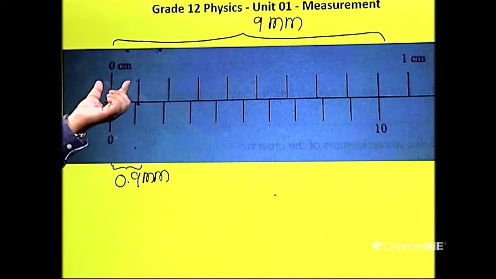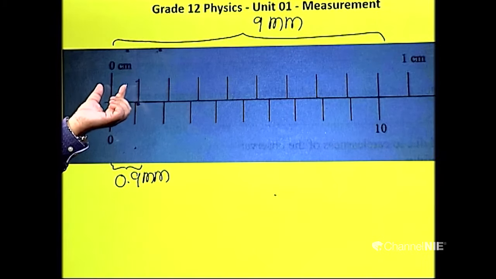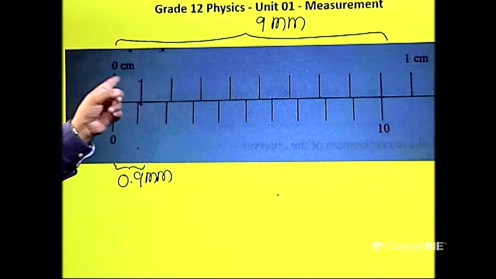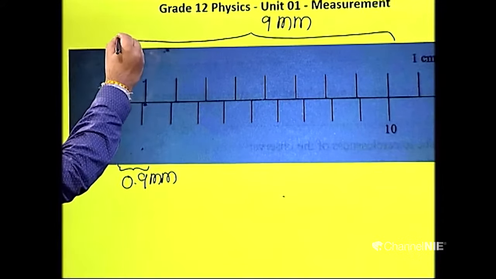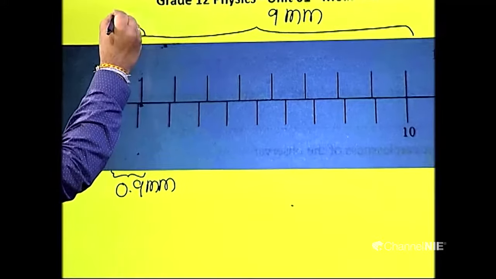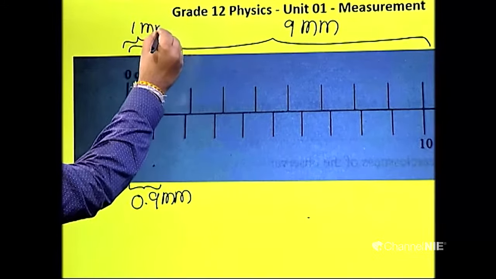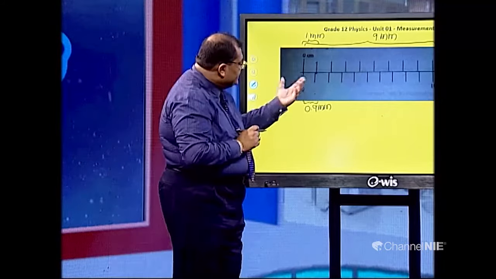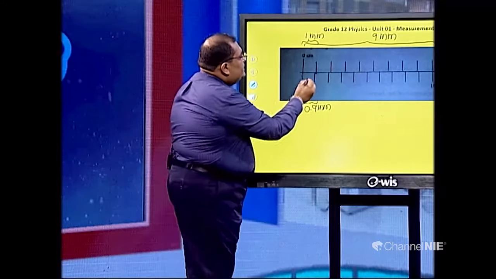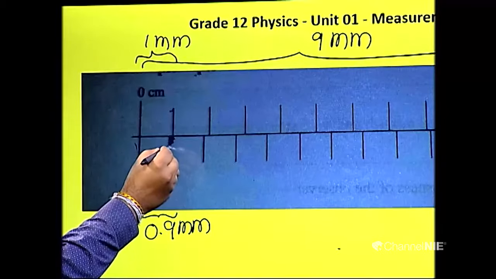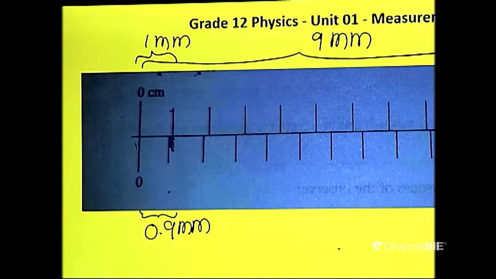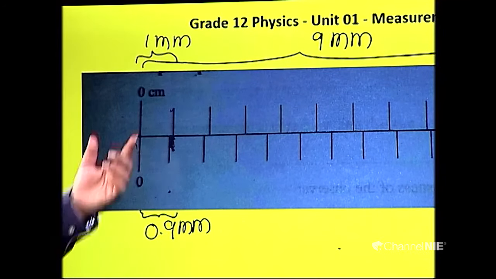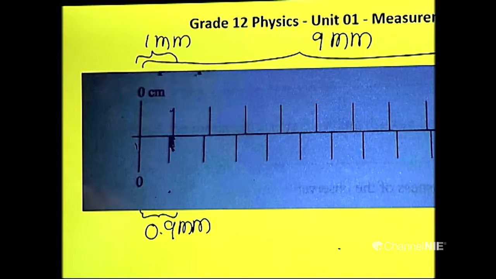But we know the length of one division in the main scale is 1 millimeter, from here to here. Then the new least count of the instrument is this small part, the new division. How do you find that? 1 millimeter minus 0.9 millimeters, the difference, is equal to 0.1 millimeters.